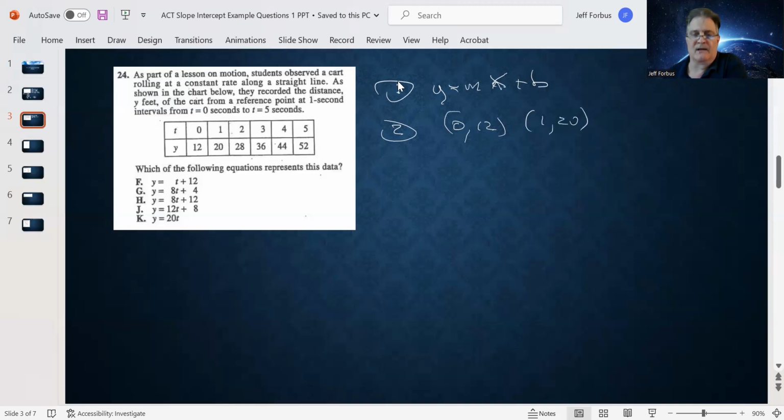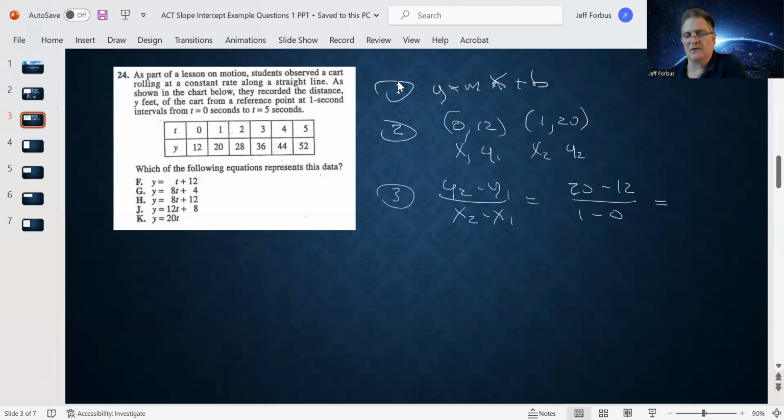Now, when I did this, I picked this one as x1, y1, and x2, y2. All right. So the slope is y2 minus y1 over x2 minus x1, and that's just going to be 20 minus 12, and then x2, 1 minus 0. And 20 minus 12 is 8 over 1. And so the slope is 8.